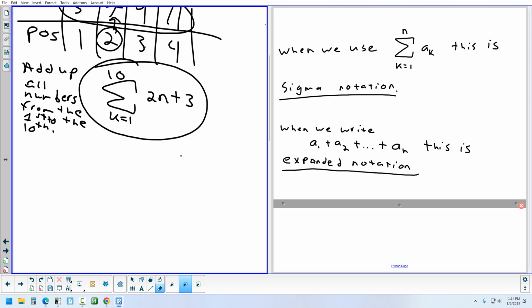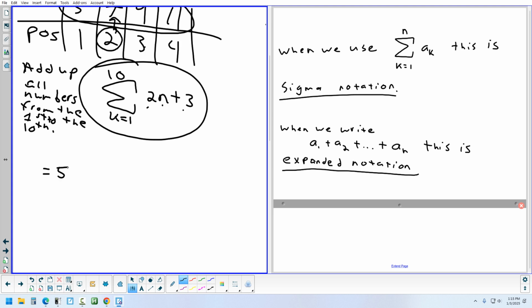If I plug in 1 for n, what do I get for my first number? How about Zach? What do I get if I plug in 1 for n? Let's say 7. So what's 2 times 1? 2, and then plus 3. 5. You have 5.